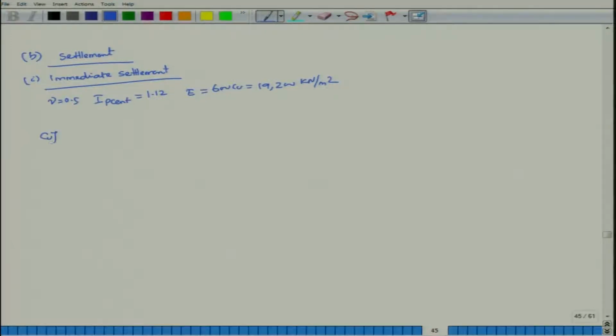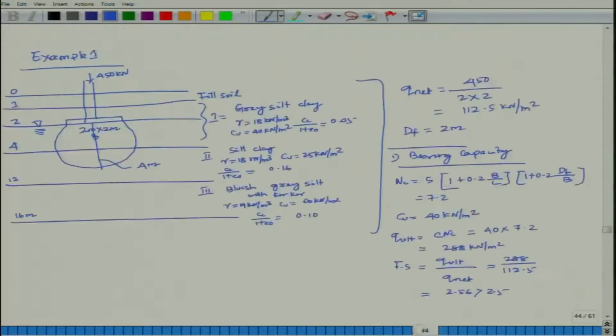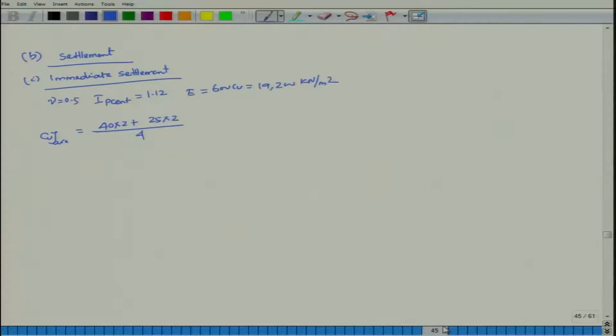So Cu average is equal to 40 into 2 plus 25 into 2 by 4. This 40 is for 2 meter, then 25 is for 2 meter. That is why this average has been taken. This average is 32 kilonewton per meter square.